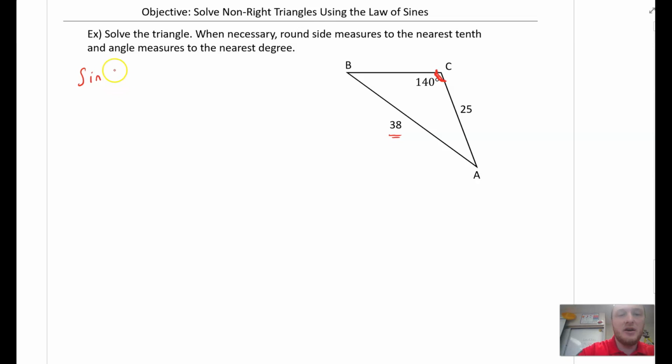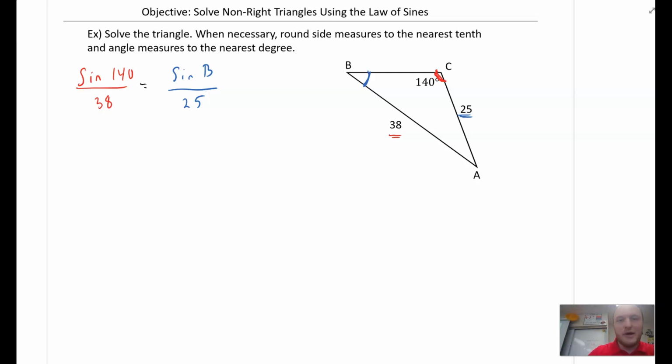So I have sine of 140 over 38, and this will be equal to, so what else is given? I'm given 25 here. Okay, so I can use this 25 to solve for angle B. So sine of B over 25, and that's the setup with the law of sines. Now you just have to solve it using algebra.